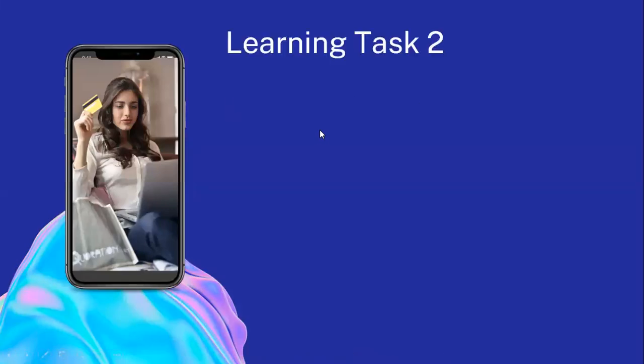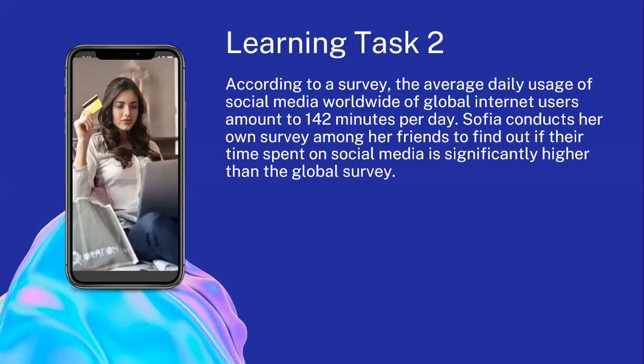So for your first learning task to be accomplished for this week, we have learning task 2, which is entitled Keep Me Connected. Here's a situation where Sophia did a survey on the average daily usage of social media worldwide of her friends.